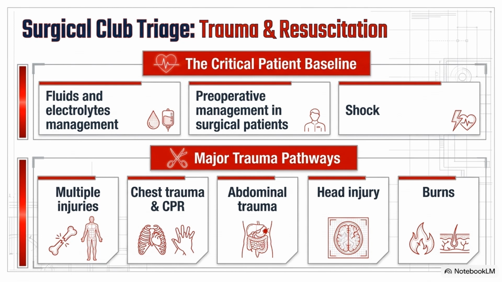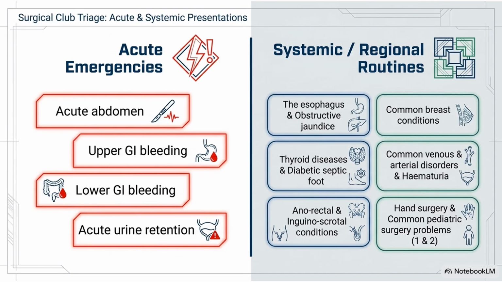The surgical club covers all these basics of surgery: fluids and electrolytes, pre-operative and post-operative management, and principles of surgery like shock. Then multiple injuries, chest injuries, abdominal injuries, all types of injuries, we will discuss in detail.